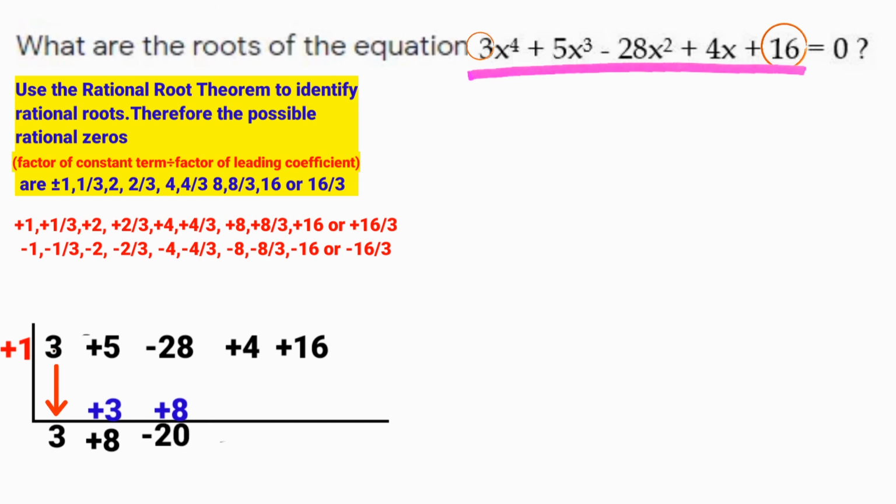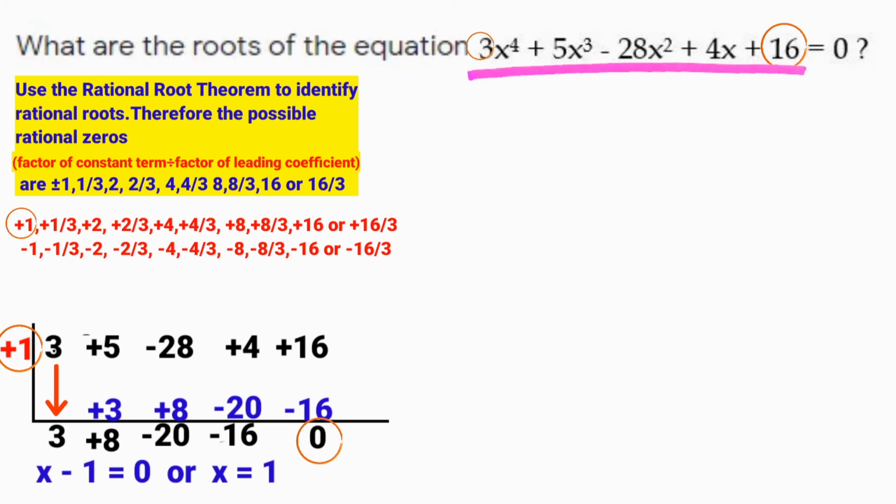Times 1 is negative 20. 4 minus 20 is negative 16. Positive 1 times negative 16 is negative 16. 16 minus 16 is equal to 0. Since our remainder is 0, 1 is a root of the equation. This could be written as x minus 1 is equal to 0 or x is equal to 1.